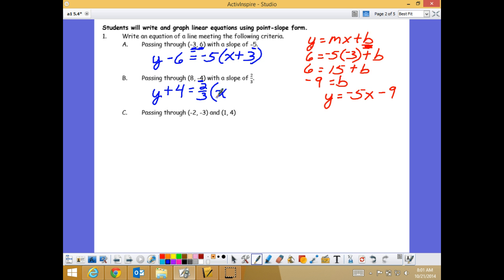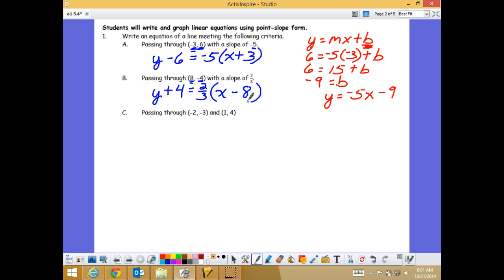Start with the x, and then we add the x coordinate of the point. But remember, change the sign on it. So the equation for that line is y plus 4 equals 2/3 times the quantity x minus 8.